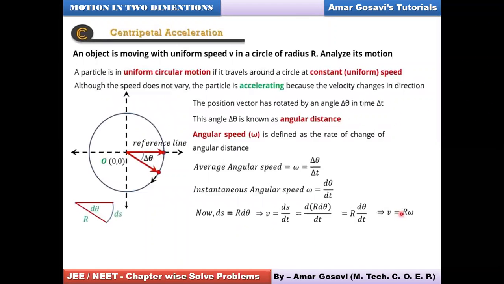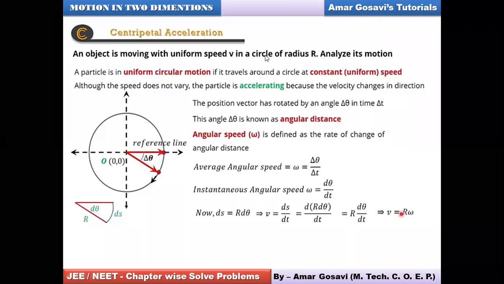Concentrate on what I say first of all, directly. Just don't look at the slide because it will be confusing for you then. What we are supposed to do is initially understand the diagram. You can see this is the reference line. The particle is at a position somewhere here.